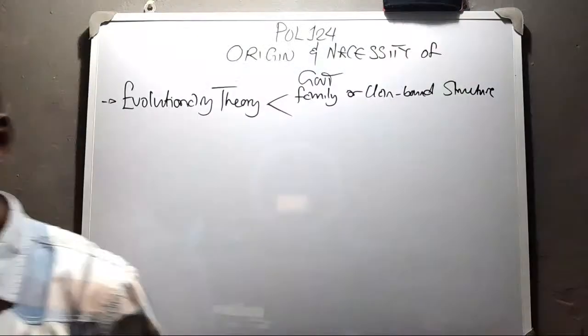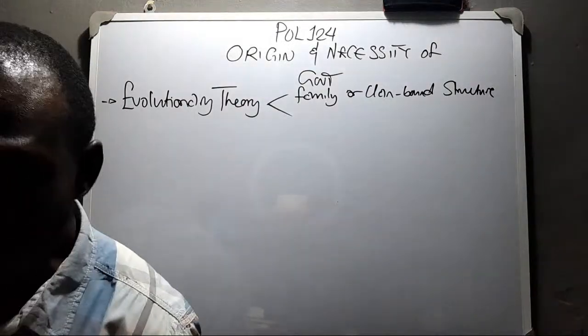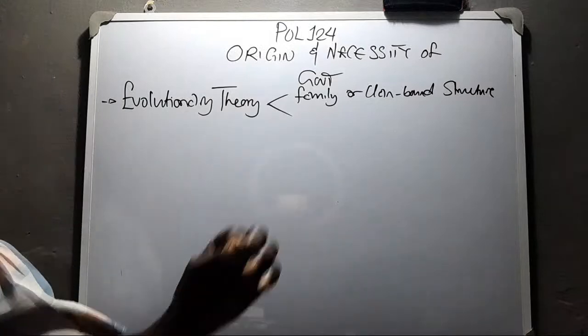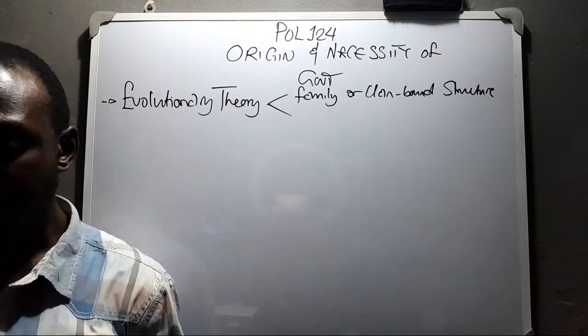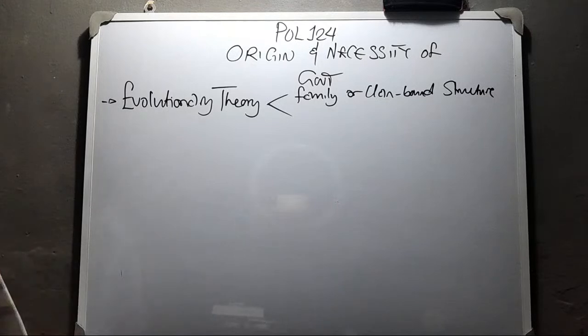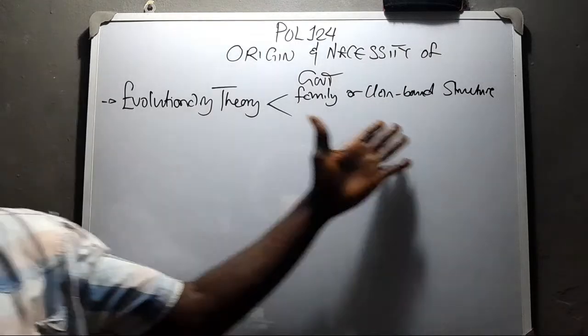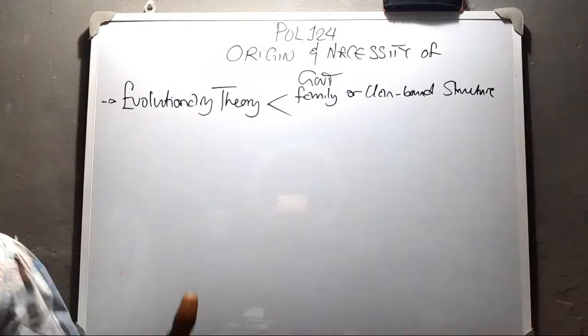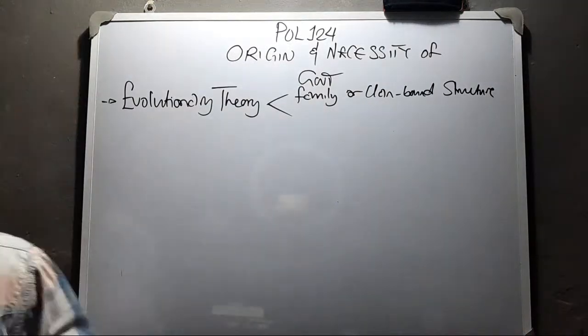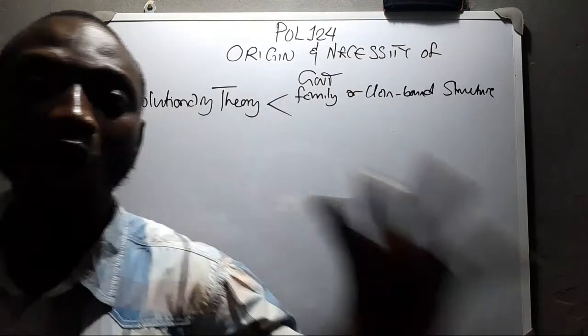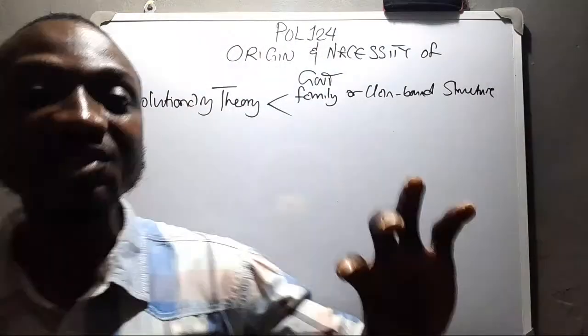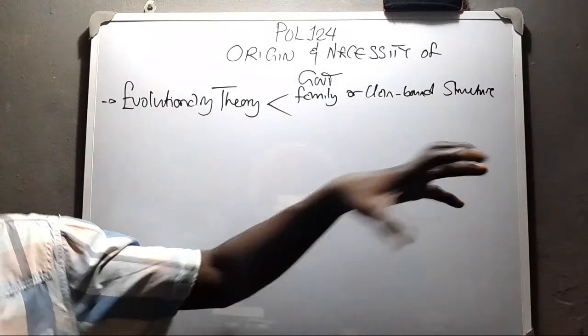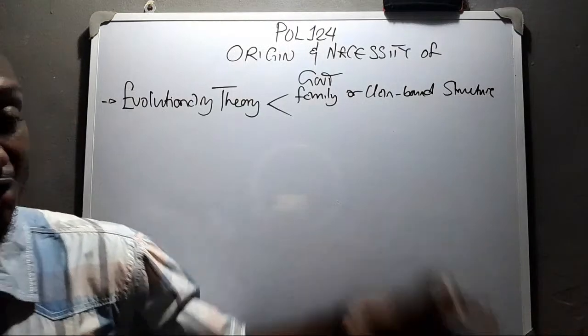All right. Now, the earliest and very loosely formed governments were a result of the shift from a hunter-gatherer society to a more settled one. Let's not forget that in our former class we said government is a group of people charged with the responsibility of ensuring peace, law and order in a community or society.